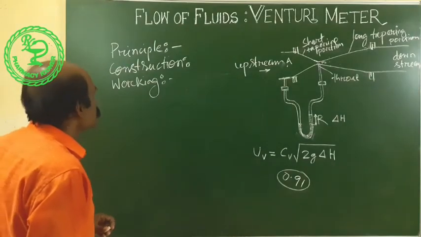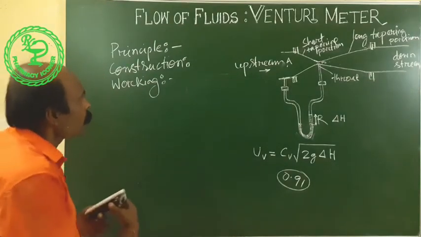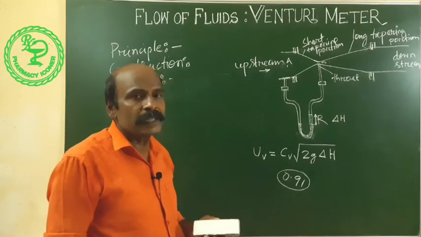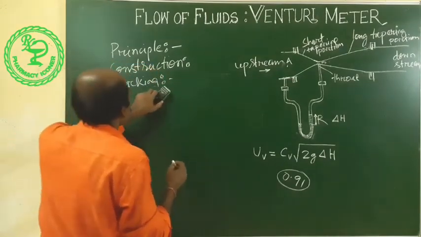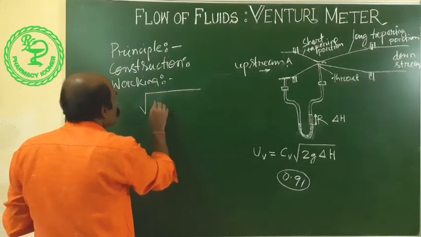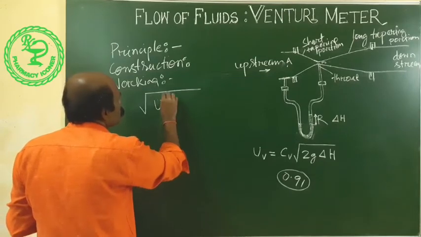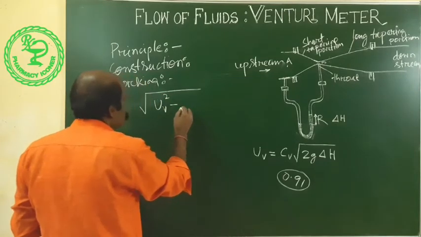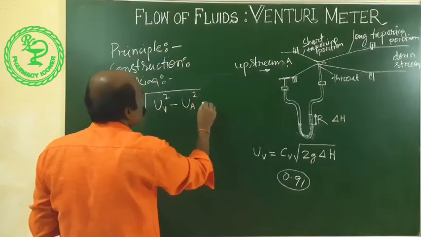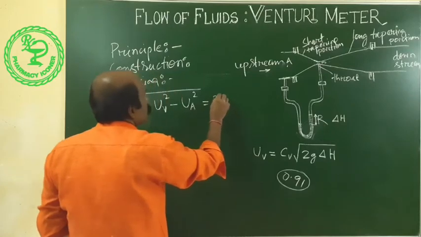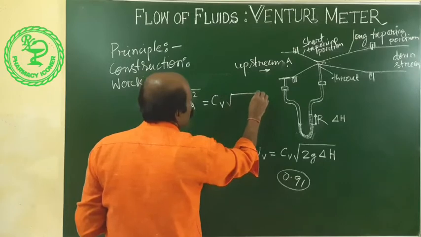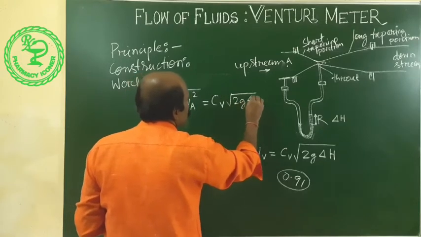Now we can deduce the formula. You have seen in the orifice meter that root over Uv square minus Ua square, this one is equal to Cv root 2g delta h.